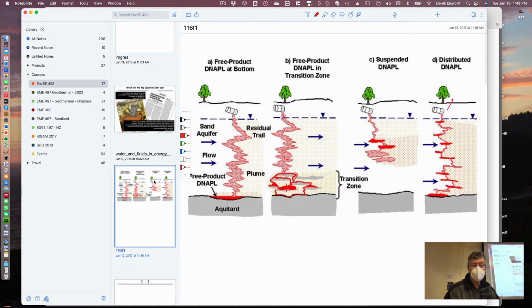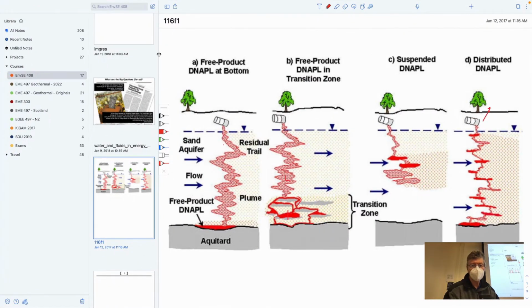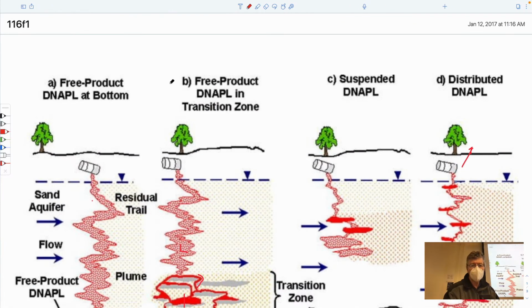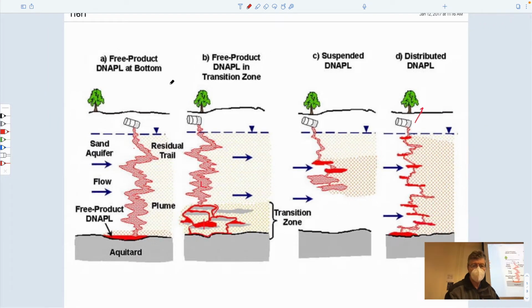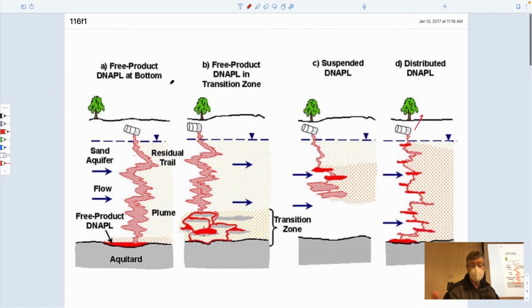Well, so today we'll carry on our quest to solve all problems in the subsurface. You remember that we talked about the idea that we're going to choose the most difficult problem to work on, and that is, say, contamination of aquifers by non-aqueous phase liquids.